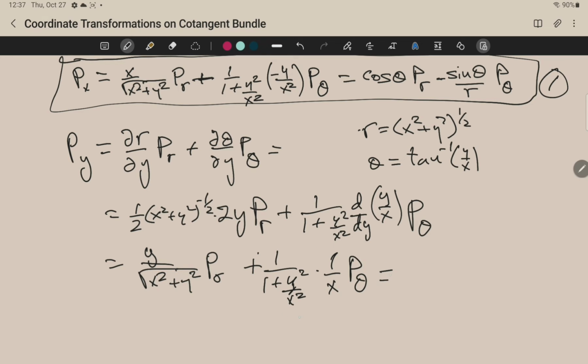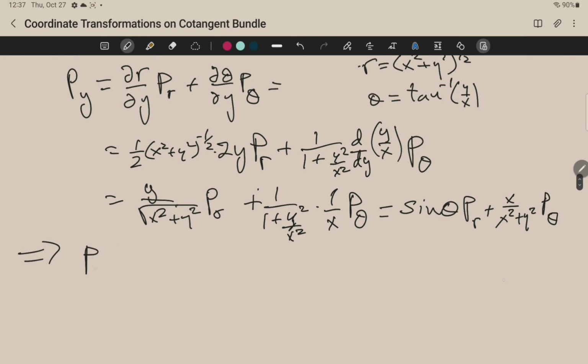The second term gives you x over r squared, so that is cosine over r. So py is equal to sine theta pr plus cosine theta over r times p theta.